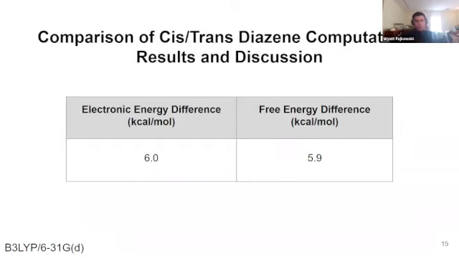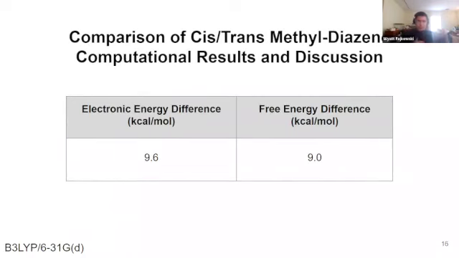Following this, I observed a difference of around 3 kcals per mole in this case that I attributed to steric strain, because when I added the methyl groups, the free energy difference increased to 9 compared to the original 6. And so I thought that the steric strain produced by the methyl groups was increasing the free energy difference by around 3 kcals per mole in this case. So yeah, those were the two classes of molecules I studied. And I will turn it over to Audrey.